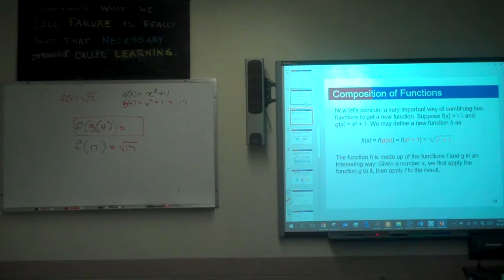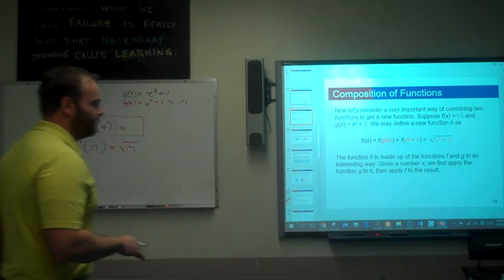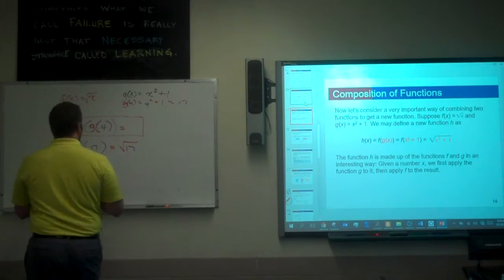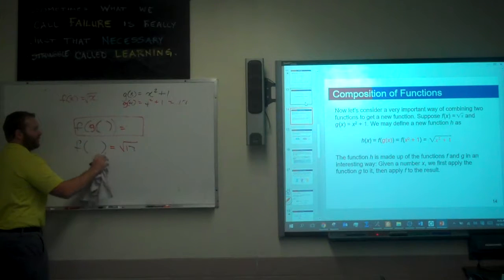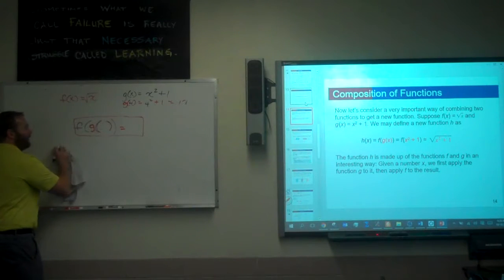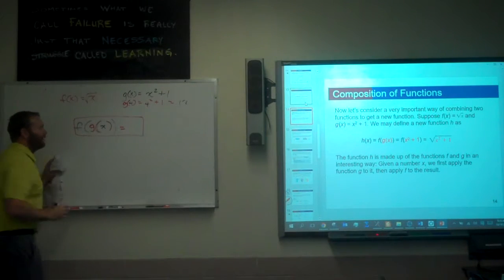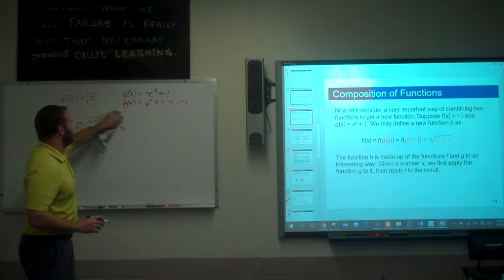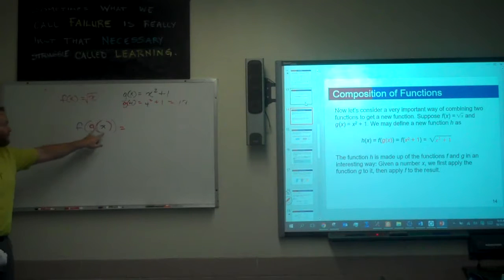Okay. So now where it gets a little bit more difficult is when we don't know what x is, but we still want to come up with f of g of x. Really all we do is the same concept. If you understood that substitution, hopefully you understand this substitution. Remember, g of x was the rule that gave me that 10 or that 17, right?